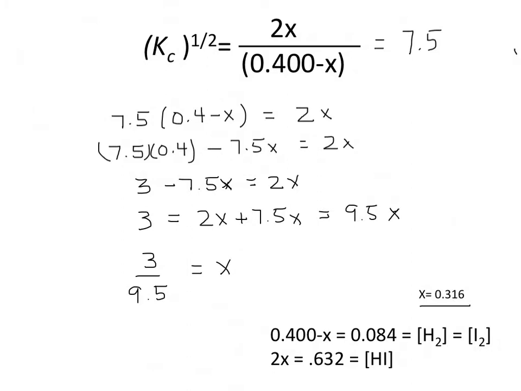Substituting 0.316 back into my original expressions for the equilibrium concentrations of H2 and I2, I get that they are both equal to 0.084 molar at equilibrium, and likewise substituting that x value in for the equilibrium concentration of HI gives me 0.632 molar.